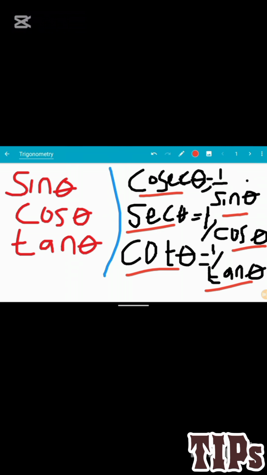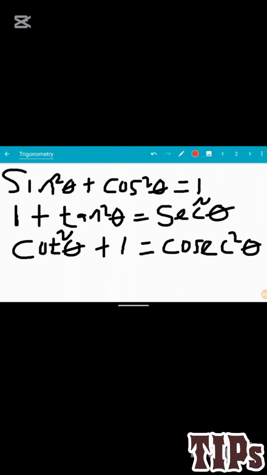Let's go on. We have theory identities that we must not joke with. The first one is sine square theta plus cos square theta, it gives us 1. The second one is 1 plus tan square theta is equal to sec square theta.